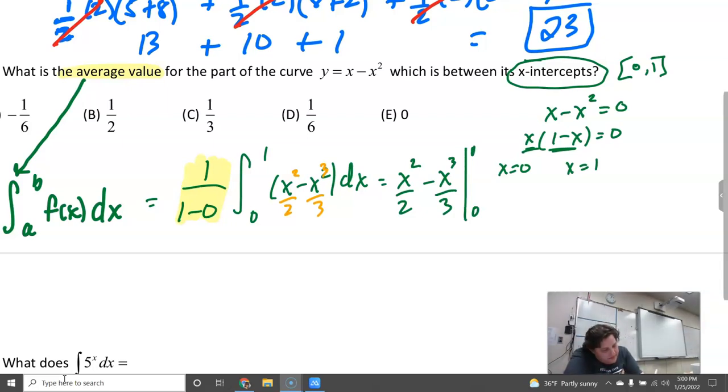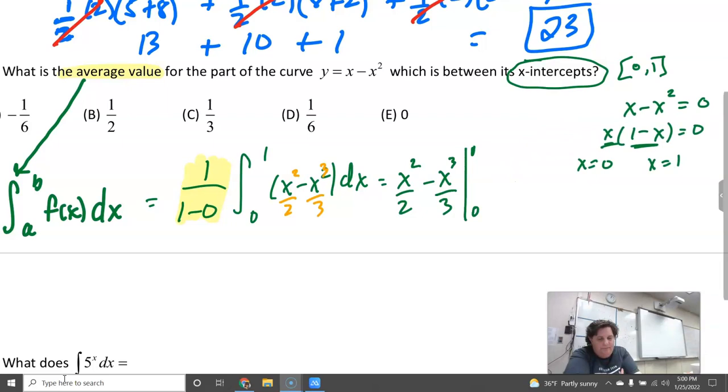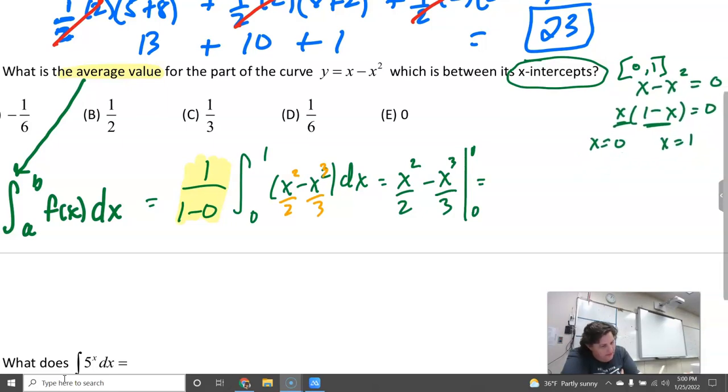I'm going to move this little buddy over. Whoops, hold on. Give me some more room. Okay, cool. I'm going to do top minus bottom. When I plug in 1 here, I get 1 over 2. When I plug in 1 here, I get 1 over 3. Okay?